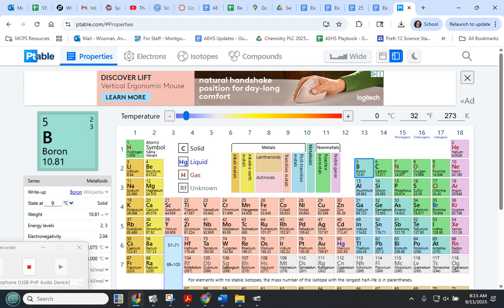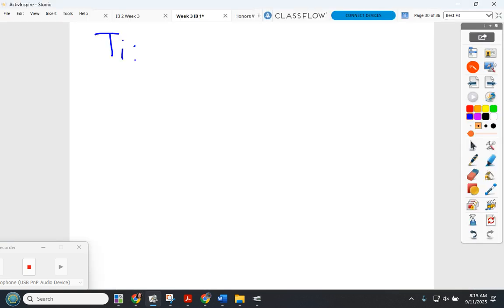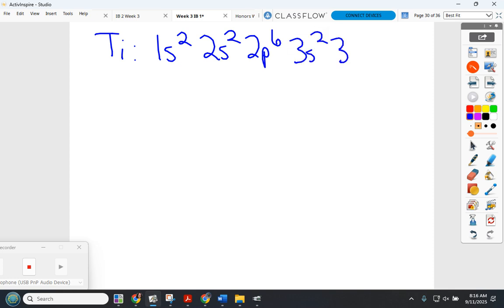So, 22 electrons. It's down in period 4, which means we're going to get through the 4s2, and then we're going to have our 3d. It's in that 3d row. So, we start 1s2, 2s2, 2p6, 3s2, 3p6. Now, I'm doing this essentially from memory because I've done a lot of these, okay?